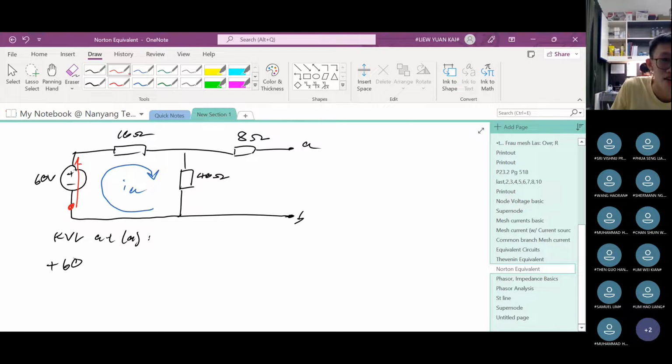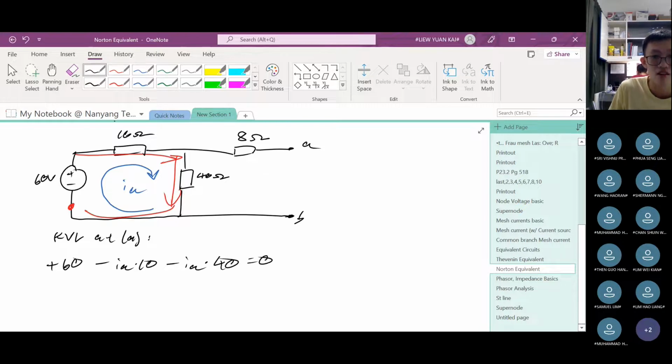Then we go to here. This is minus IA times 10. And then this one is minus IA times 40. Then we go back around, so it equals 0, right? So this is only one equation and one unknown. If you solve for IA, you should get 1.2 amperes.